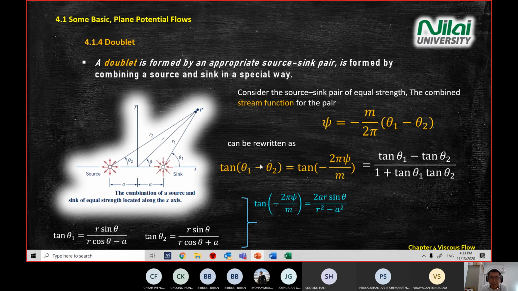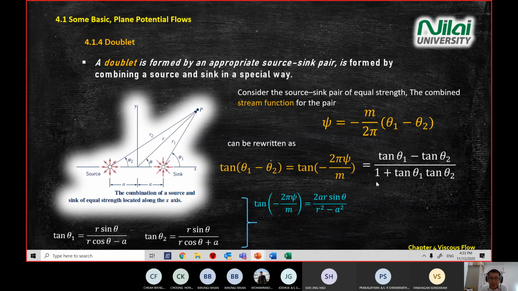At the end, your tan theta 1 minus tan theta 2 will reduce to this form: tan of negative 2 pi stream function divided by m, where again m is the volume flow rate per unit length, equals, after you do all the conversion, 2ar sine theta divided by r squared minus a squared.